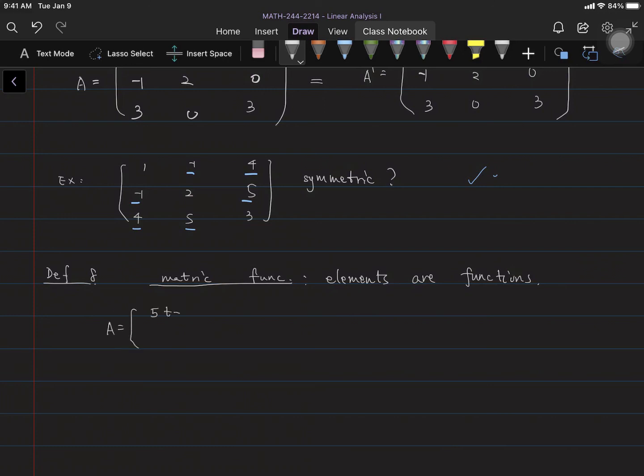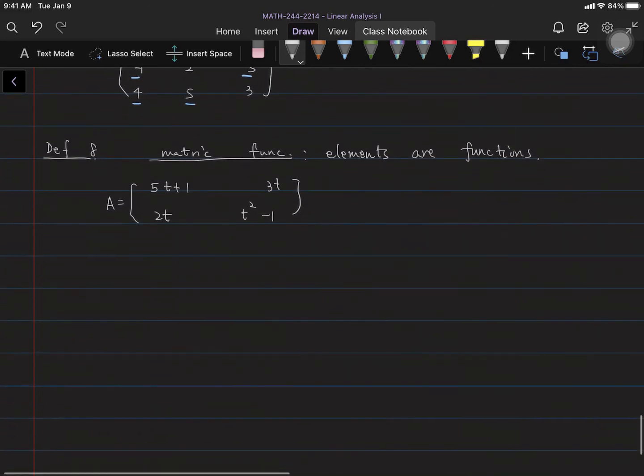The first element is a function 5t plus 1, and then 3t, 2t, t squared minus 1. This is a 2 by 2 matrix function, right? And let's take a look at this one: t squared, t cubed, e to the 3t. This is a column matrix, a column vector, and it is a matrix function.